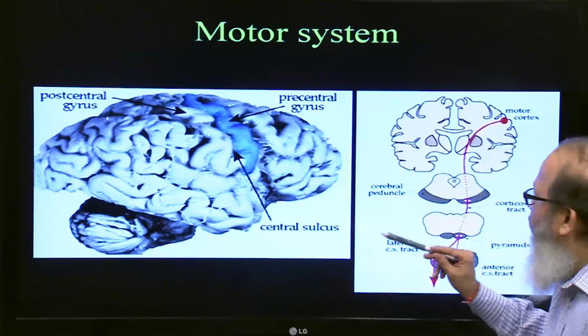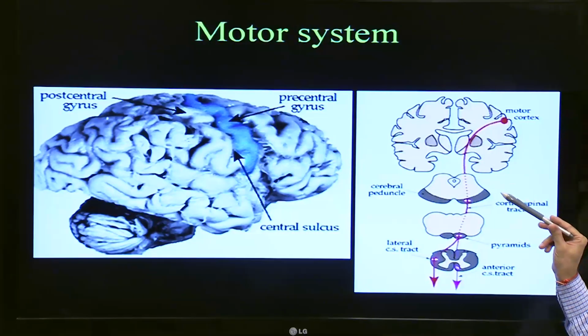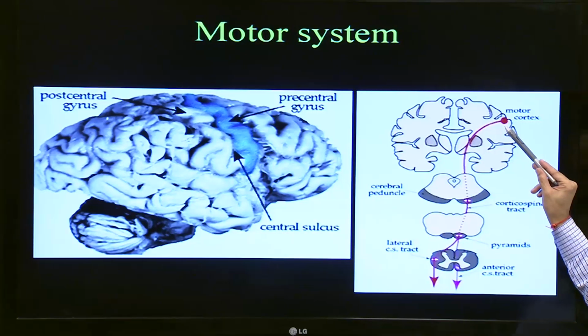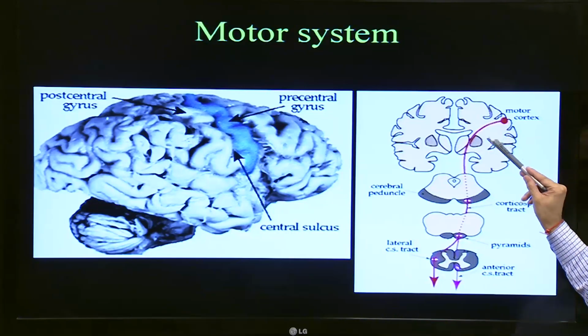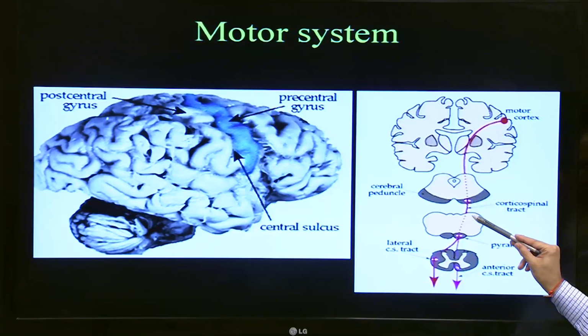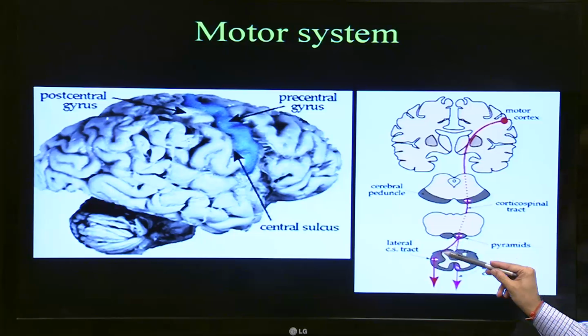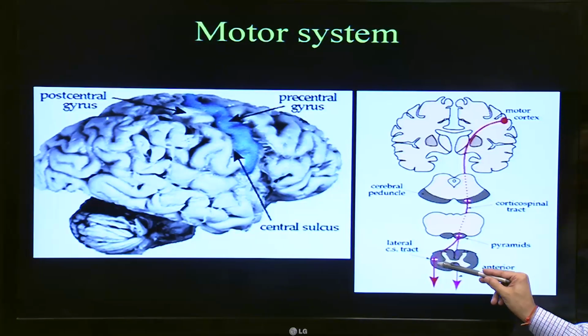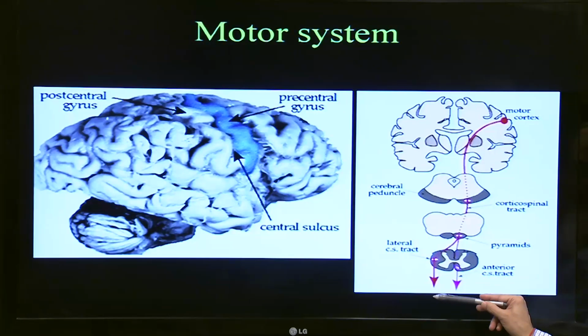Now, if you look at this in a simple way, this is the motor cortex in the frontal area. The signal comes to the spinal cord, crosses here and goes to the opposite side.